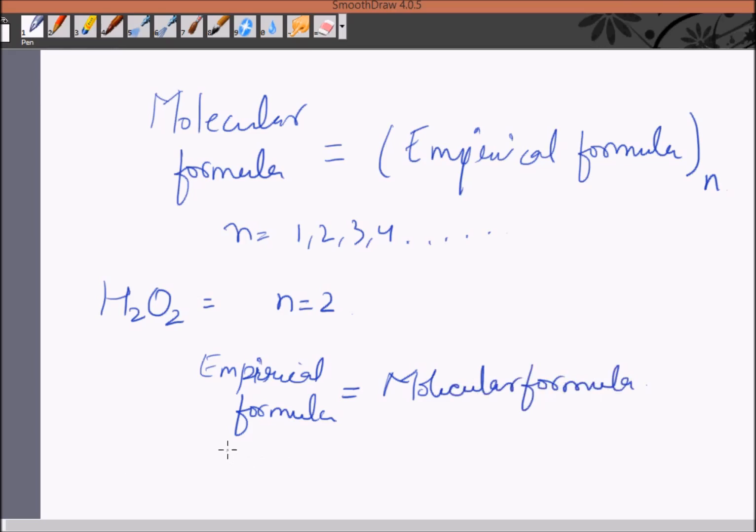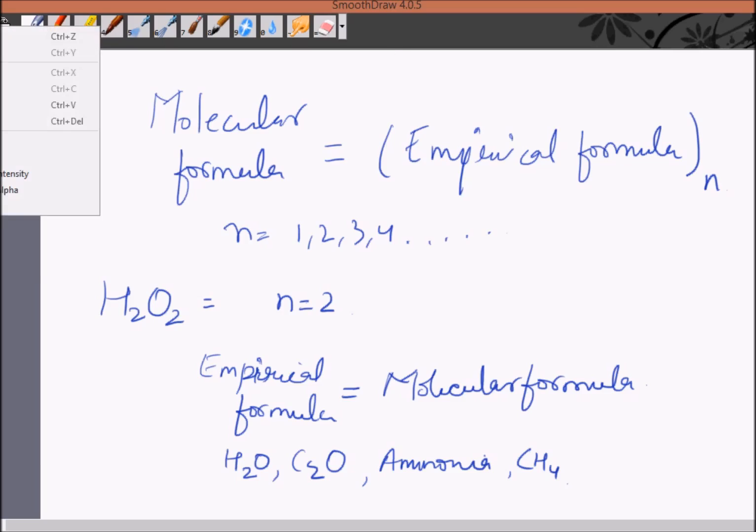For example, you can see water, carbon dioxide, ammonia and methane. These are basically the compounds where the empirical formula is just equal to the molecular formula.